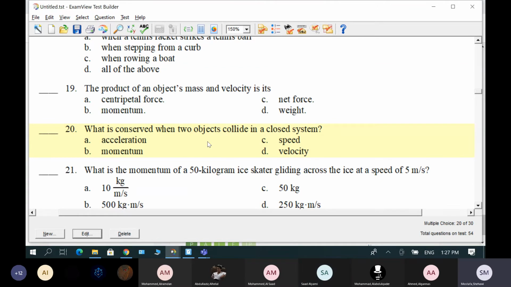Velocity? No. Velocity is not conserved. During collision, the two balls or the two cars or the two objects may go in different directions and with different speeds. So velocity is not conserved during collisions.